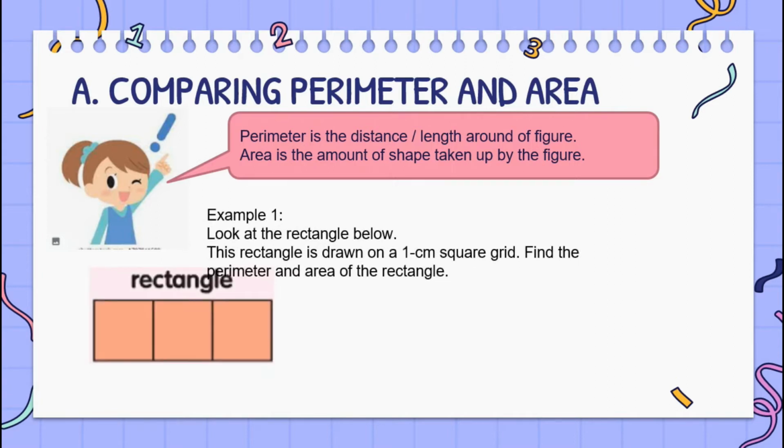Example 1. Look at the rectangle below. This rectangle is drawn on 1 square centimeter grids. Find the perimeter and area of the rectangle.